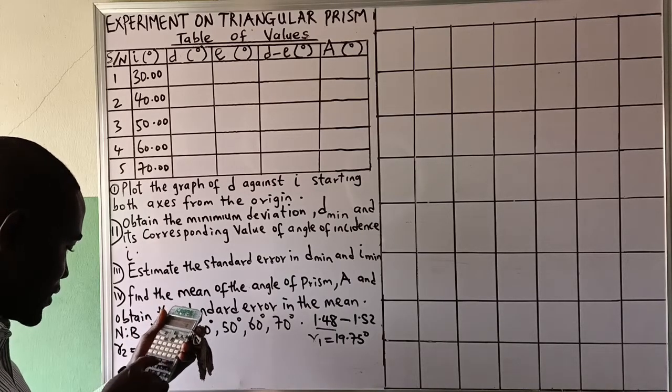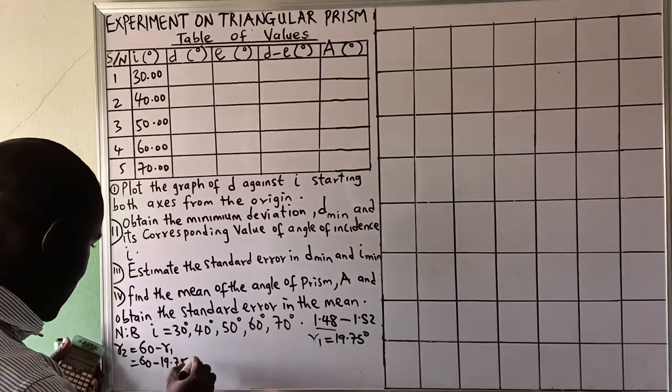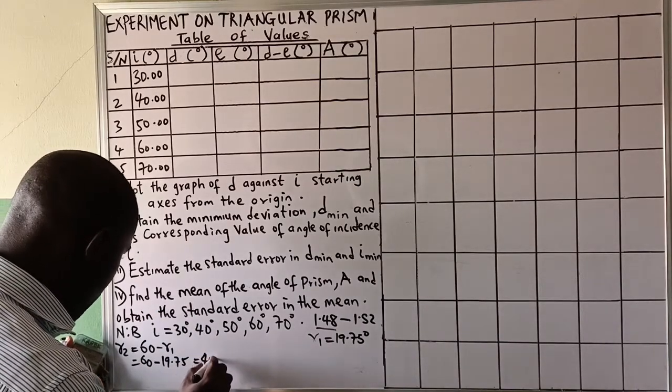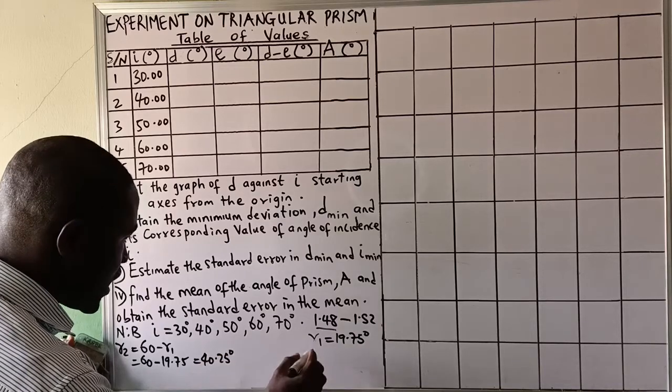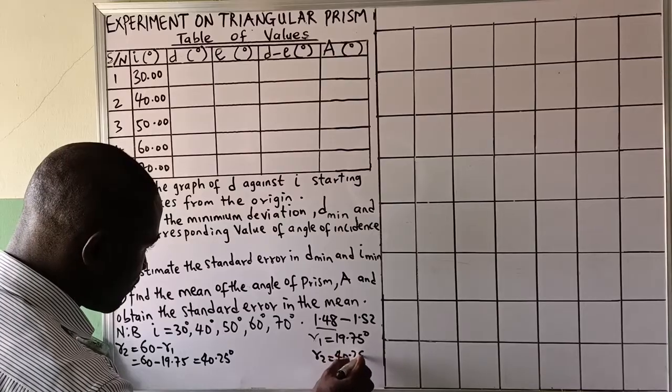That will give you 40.25 degrees. I'll have my r2 equal to 40.25 degrees.